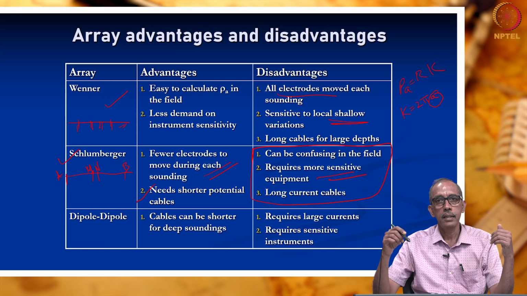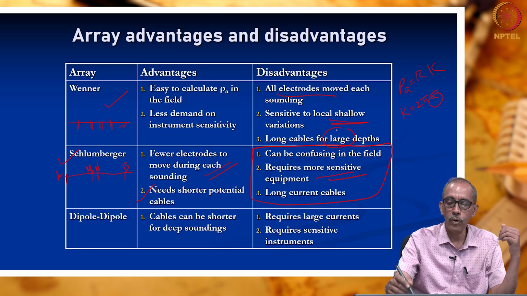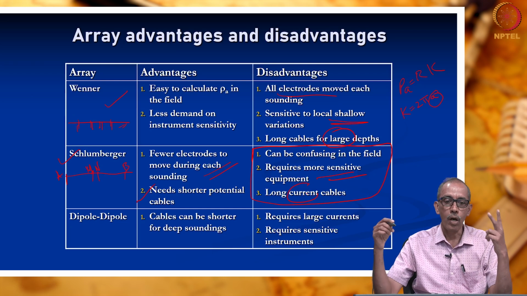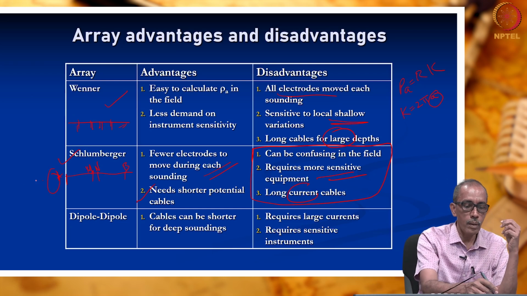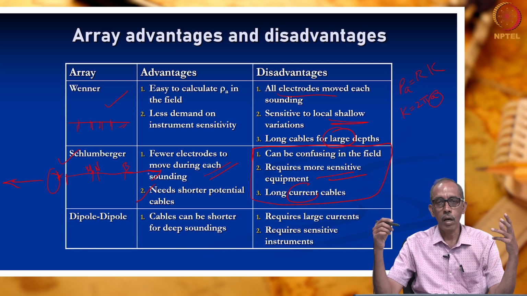The third disadvantage here is that here too we need large current electrode cables. In the previous case, all the 4 cables have to be longer, whereas here at least 2 cables need to be longer, since A and B will be moved to greater distance. So, you need to have much longer current electrode cables.